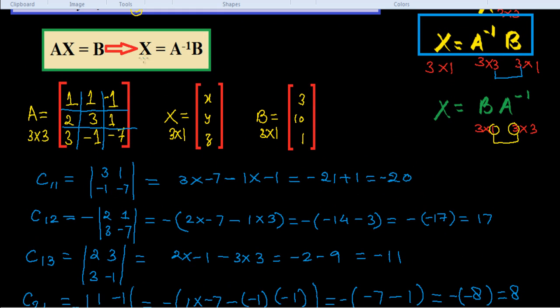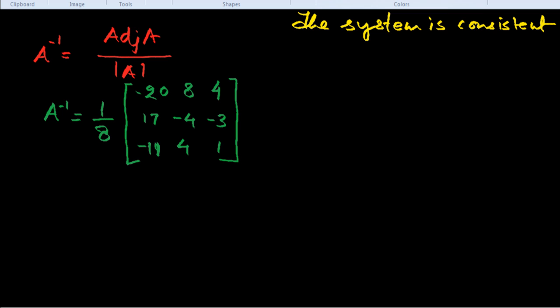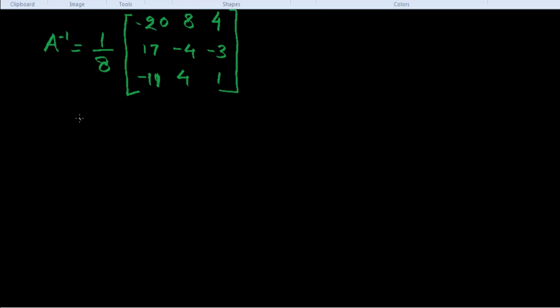Now we see the formula for the value of x. X is equal to A inverse into B. X is x, y, z and B is 3, 10, 1, and we put these values in this formula.